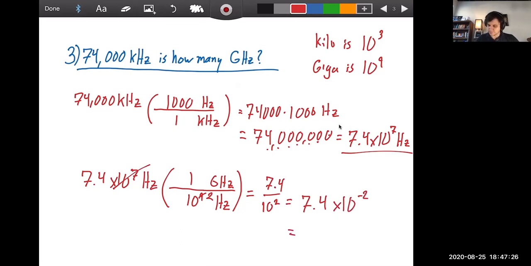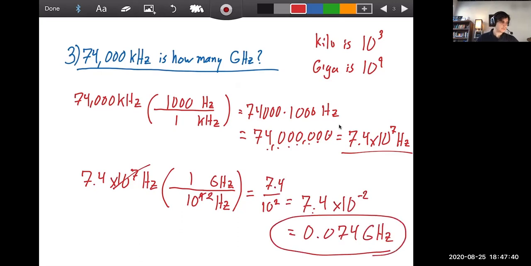And now we can move our decimal place over 2 hops and get 0.074 gigahertz. Not that bad so far. A little bit more complicated, right? But I think you can handle it.